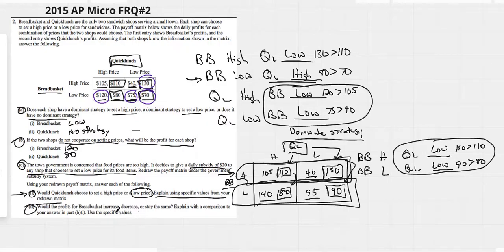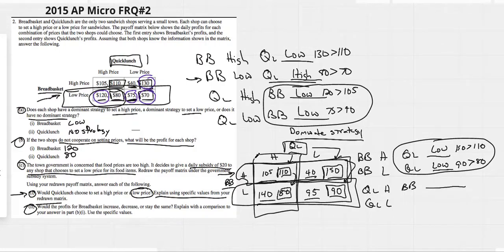Would the profits for Breadbasket increase, decrease, or stay the same? Well, remember last time that Breadbasket would go low, and we would end up being in this quadrant right here because Quick Lunch would choose high. In this instance, they're asking us about Breadbasket. If Quick Lunch chooses to go high, Breadbasket has two choices, to go high or to go low.